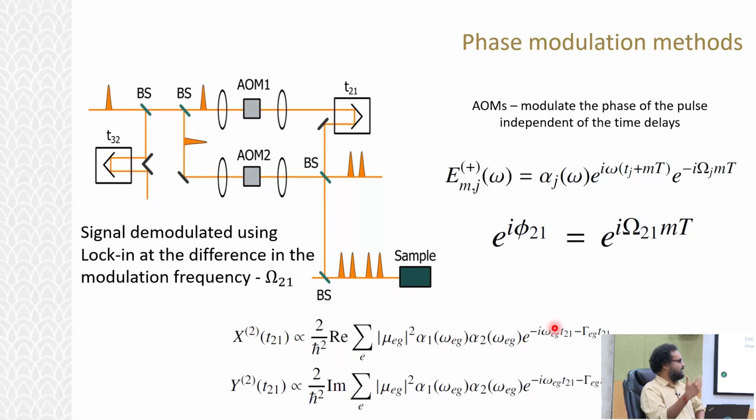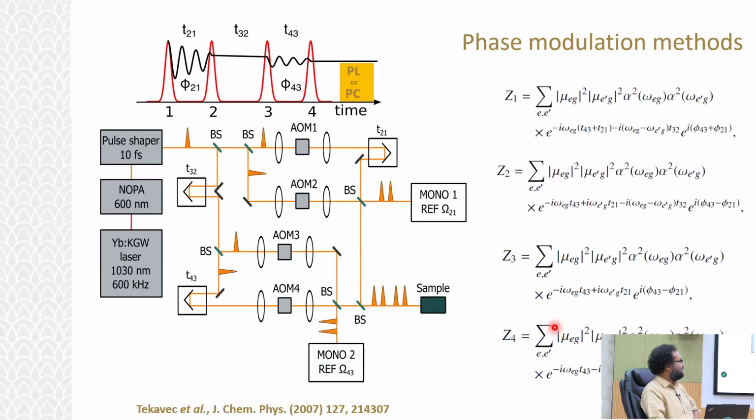Now you expand this technique with 4 pulses. If you expand this technique with 4 pulses, it can be shown that you get 4 different contributions. These 4 different contributions are not that different from the different diagrams that we have already seen, the rephasing and the non-rephasing diagrams. The only thing is, now there are 4 pulses.